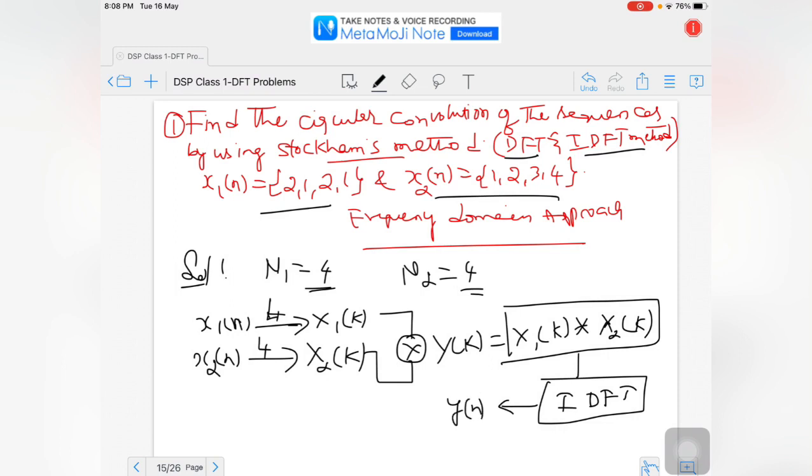This y of n also contains 4 samples because we are following circular convolution; the length is 4, so y of n should also have 4 samples. I hope everyone understood. x1 of n is given, calculate x1 of k. x2 of n is given, calculate x2 of k. Multiply them to get y of k, then take the IDFT to get y of n.